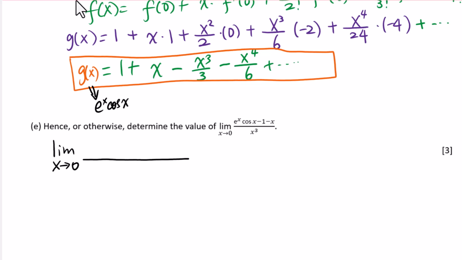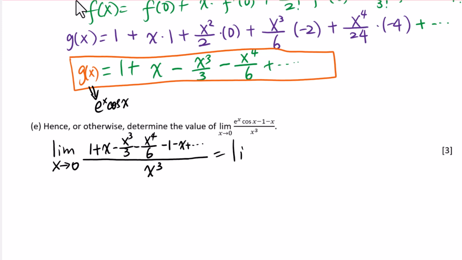We will do the substitution. 1 plus x minus x to the third power over 3 minus x to the fourth power over 6 minus 1 minus x plus all over x to the third power.